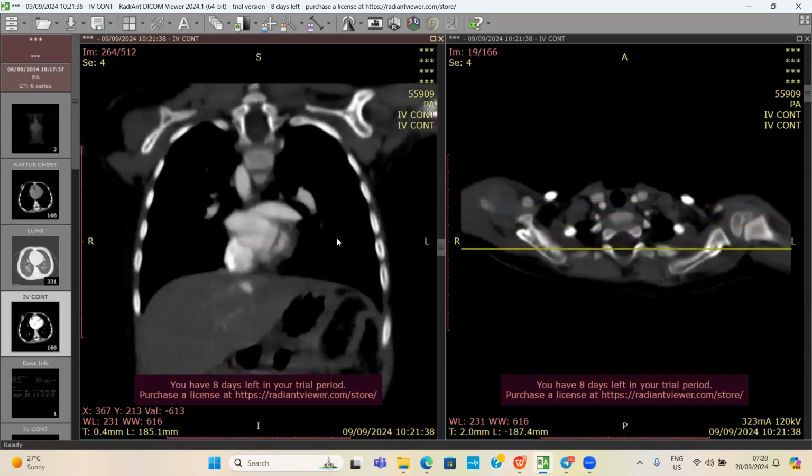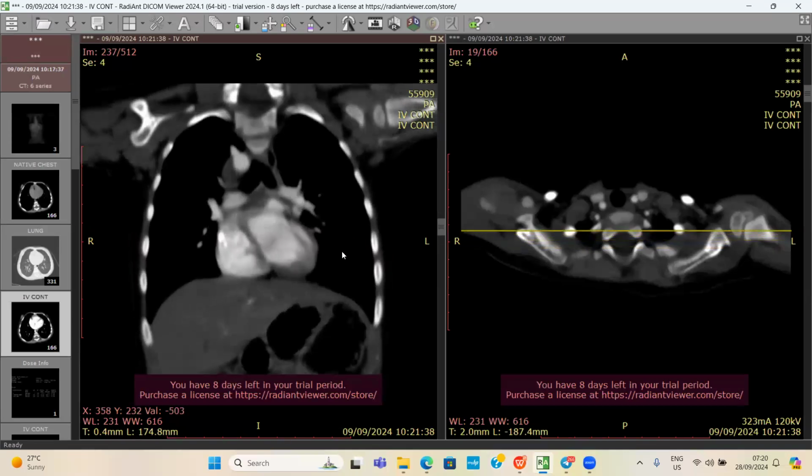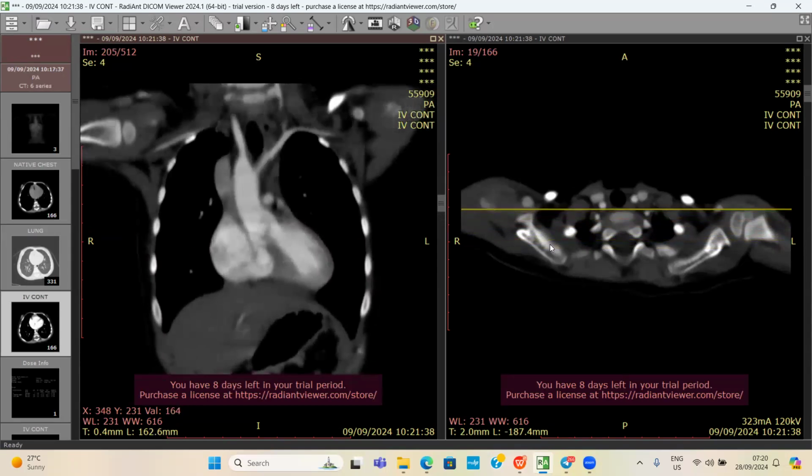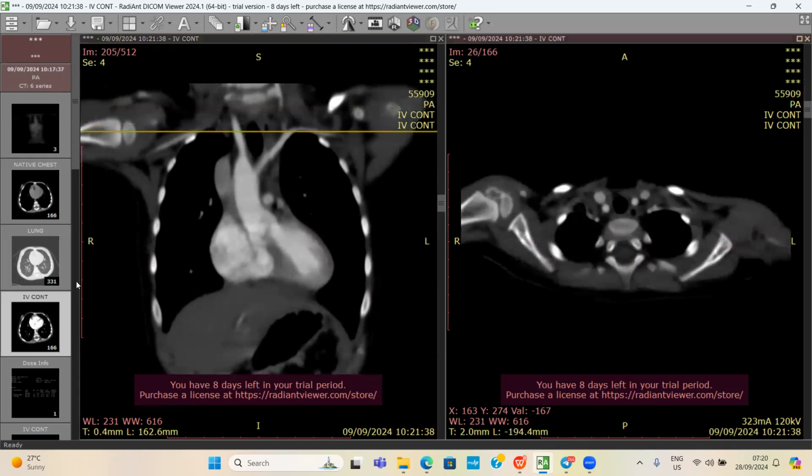Okay, so this case is a 15-month-old neonate with CT chest with IV contrast, multiple sections. Actually, I didn't see the lung view, if you don't mind.